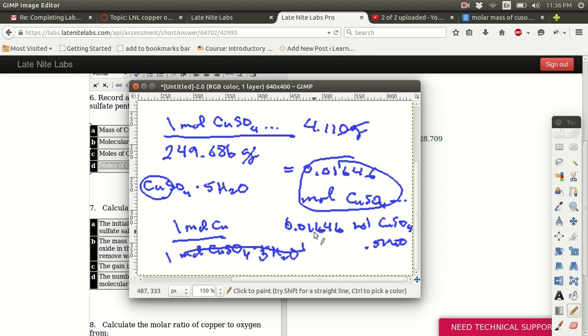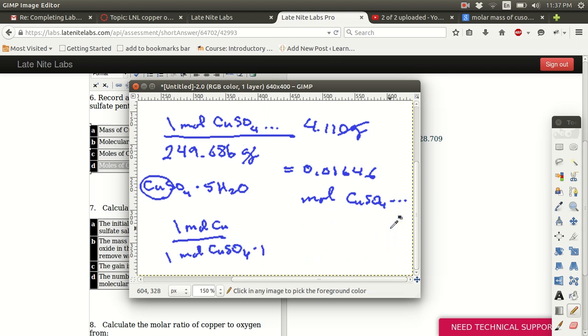Okay, so if I wrote this up here, I could cancel moles of copper 2 sulfate pentahydrate with this moles of copper 2 sulfate pentahydrate, and I would get 1 times this number divided by 1, so that equals this number, of course, 0.01646 moles. Moles of what? Moles of this non-crossed out item, copper. Okay, so that's how many moles of copper I had.